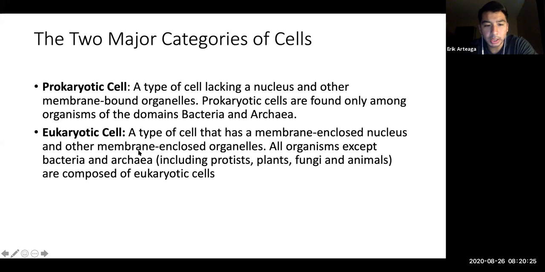Okay, so eukaryotes are a type of cell that has a membrane-enclosed nucleus and other membrane-enclosed organelles. All organisms except bacteria and archaea, including protists, plants, fungi, and animals, are composed of eukaryotic cells. All right. So this is kind of pointing to differentiation in the cells. This is kind of pointing to complexity, right? And this is common when you get into higher orders of life, right?